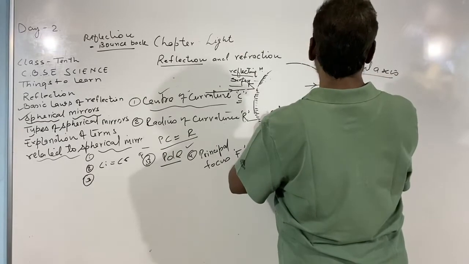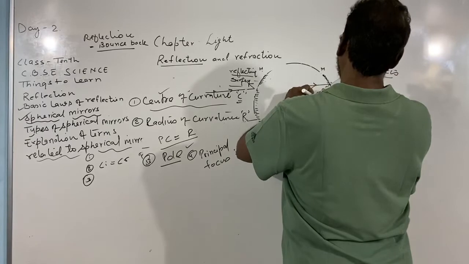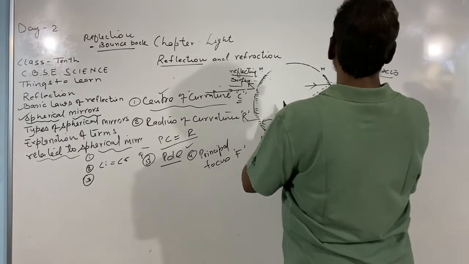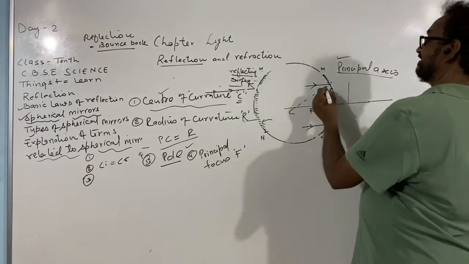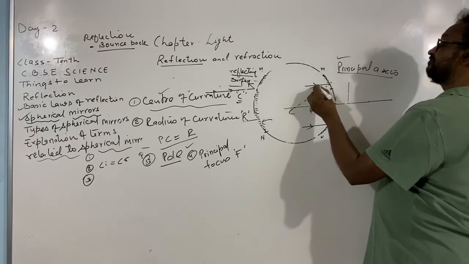A line drawn from the center of curvature will be the normal. So the angle between the incident ray and the normal is called the angle of incidence.